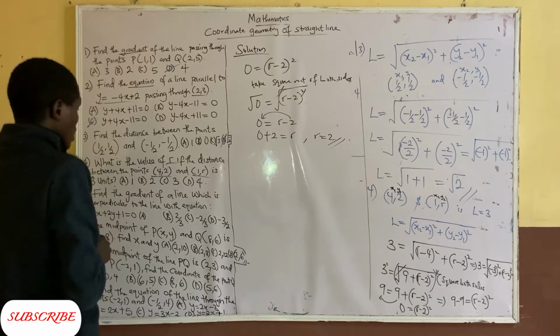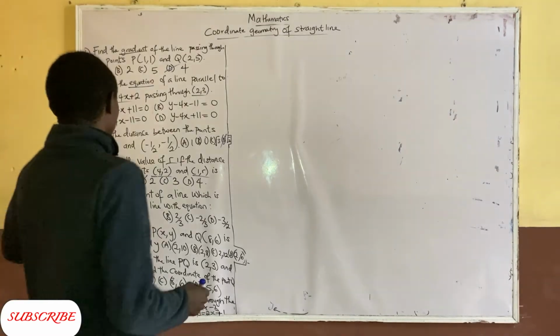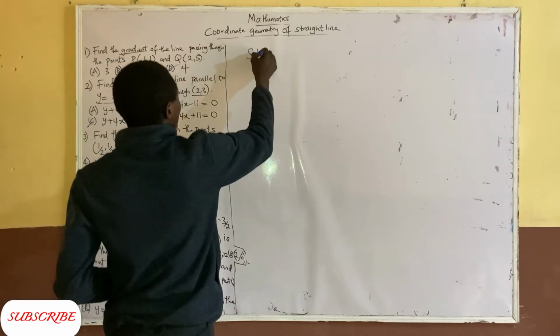Option B. R is equal to 2. Now number 5.